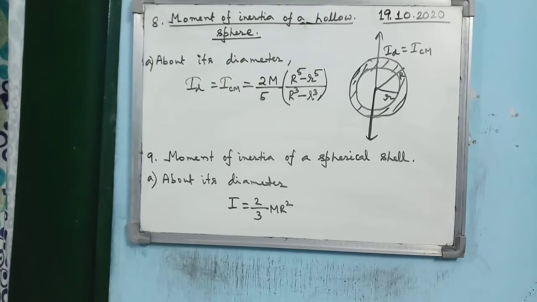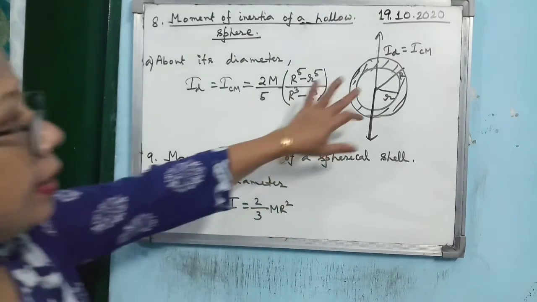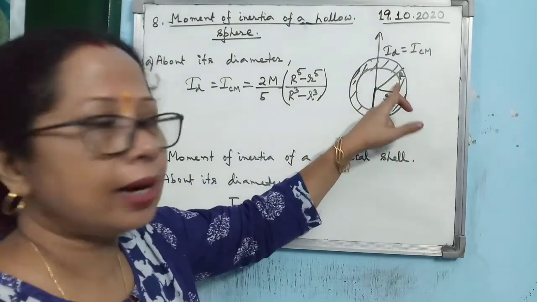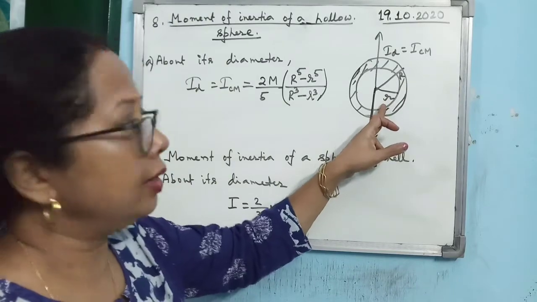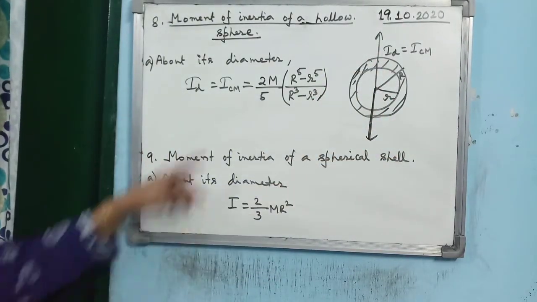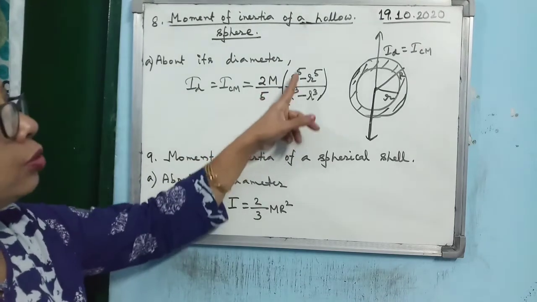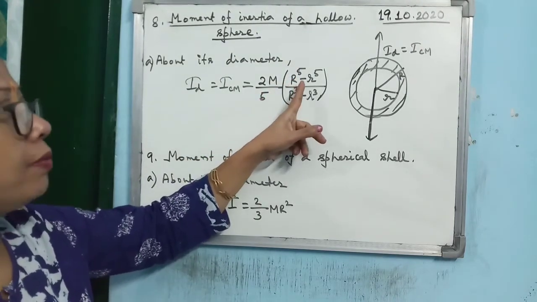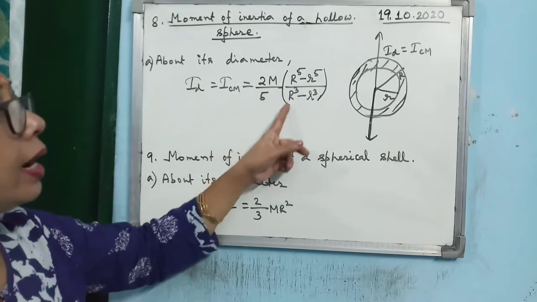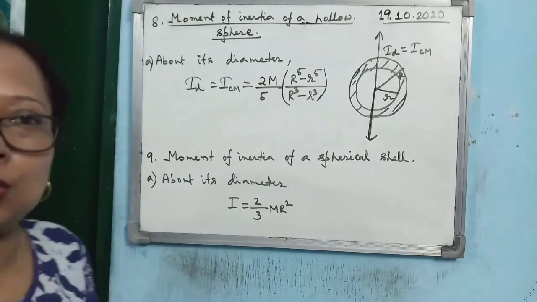Now next one is the moment of inertia of a hollow sphere. Inside it is hollow, so it has an external radius bigger and an internal radius smaller. In that case, the moment of inertia about the diameter is 2m by 5 into big R to the power 5 minus small r to the power 5, divided by big R cube minus small r cube.